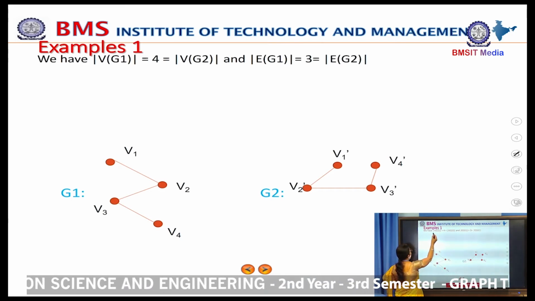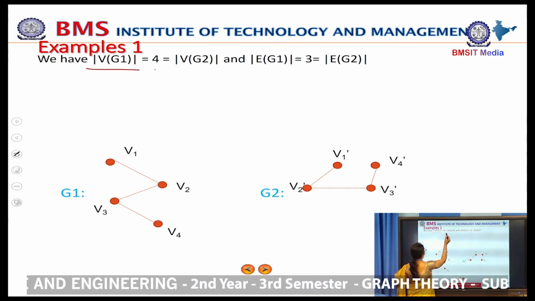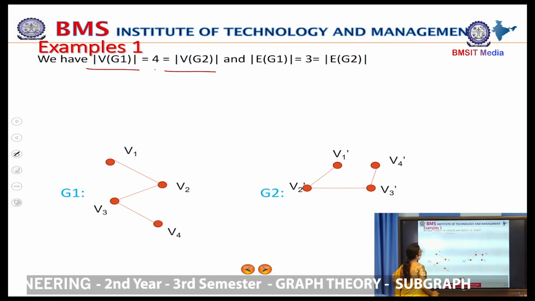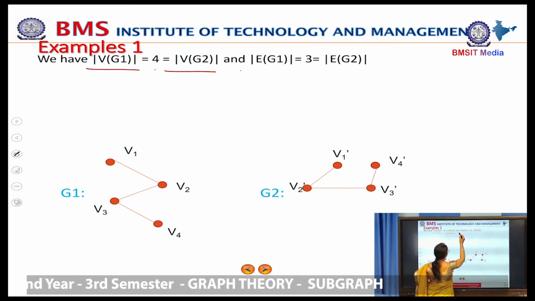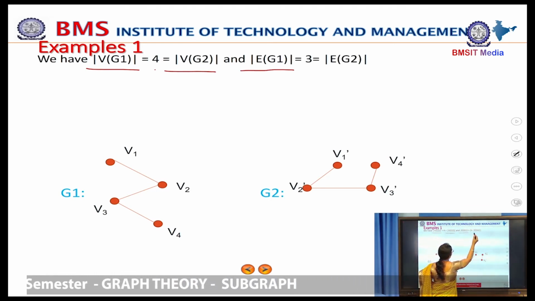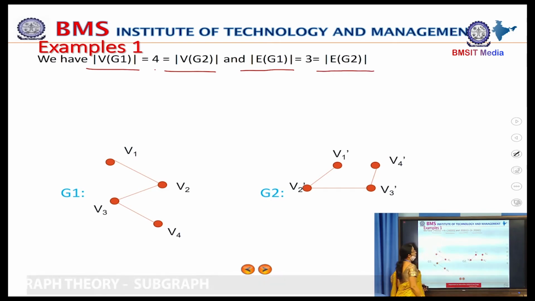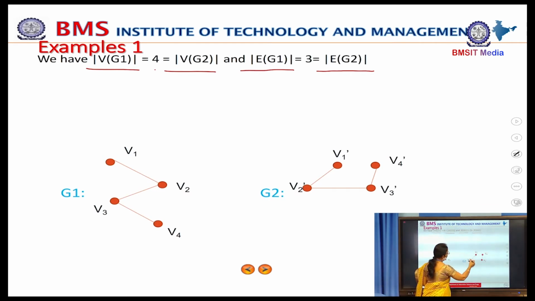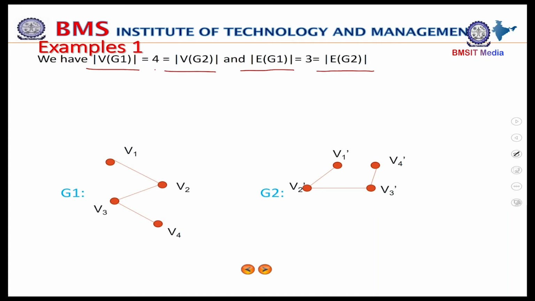So I have written here V of G1 is equal to 4 and that is equal to V of G2, and edges of G1 is equal to 3 and that is equal to edges of G2. In graph G1 we have 3 edges and in graph G2 we have 3 edges. So both the number of vertices and number of edges are equal.